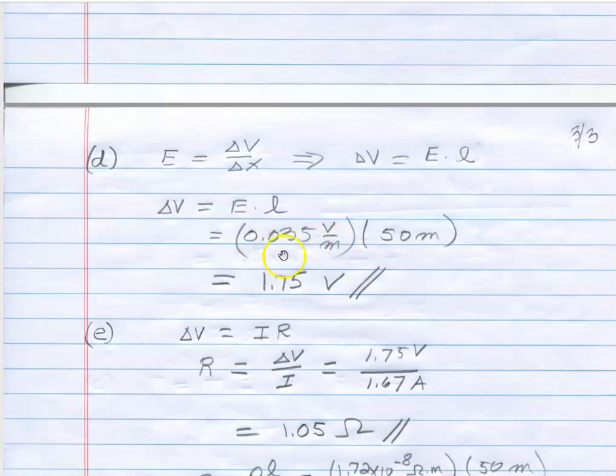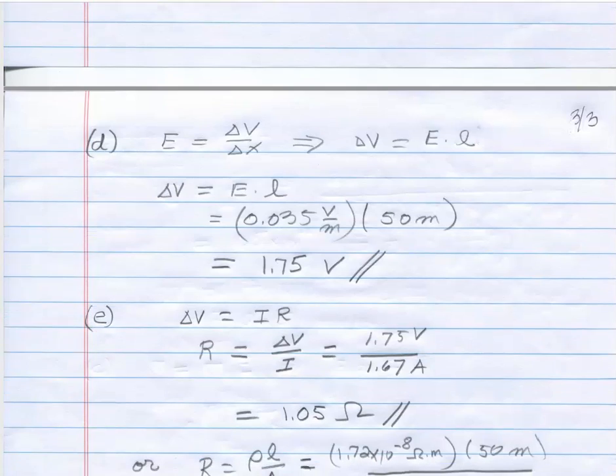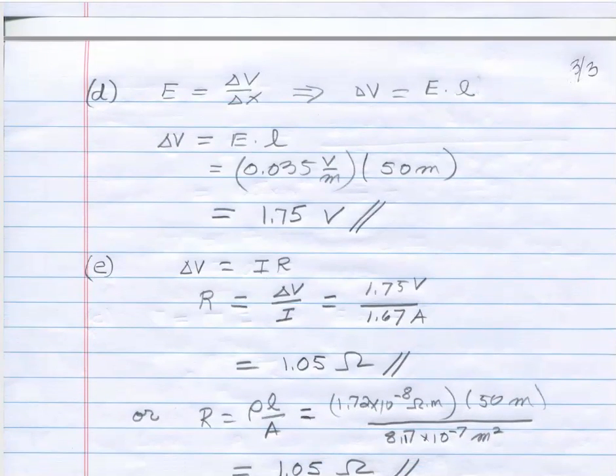But we're given those things. We've actually found 0.035 volts per meter was the value for the electric field, and the length we were given for the wire was 50 meters, and so that turns into 1.75 volts as the total voltage drop from one end of the 50 meter copper wire to the other end.